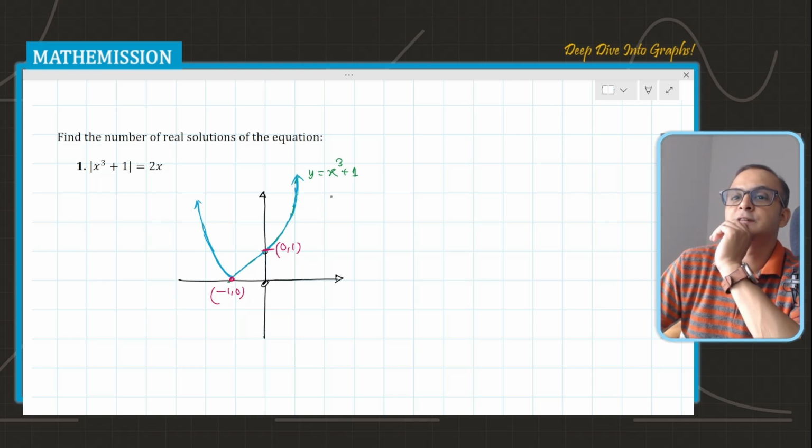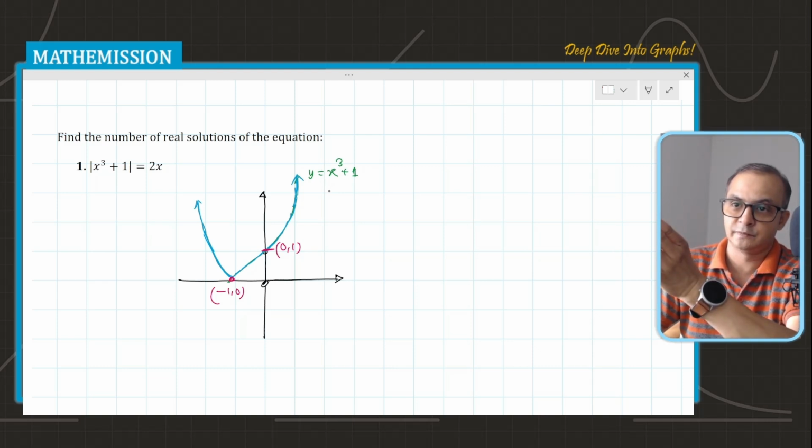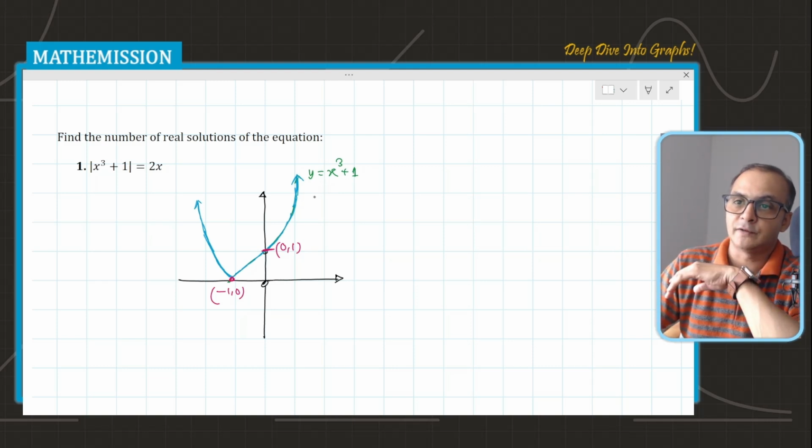We have to think whether it is also there for the function on the left hand side or not. You can see that at 1 the value is 2 here also. If you substitute x equals to 1 there, that will be also 2, and here also x equals to 1, the value is 2.